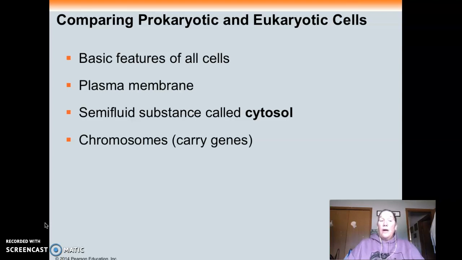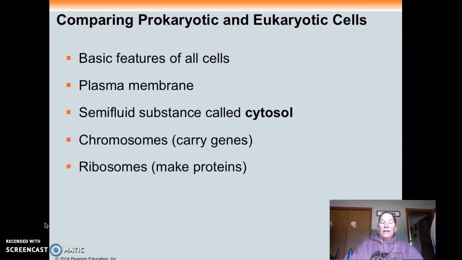Okay, they do have what they call chromosomes. Chromosomes are like the little X things that are made out of DNA and protein. And they have genes. So they have these chromosomes, but they're not organized in a nucleus like we have. And they have ribosomes. Ribosomes are little tiny organelles that make proteins. Okay, so both types of cells have this.